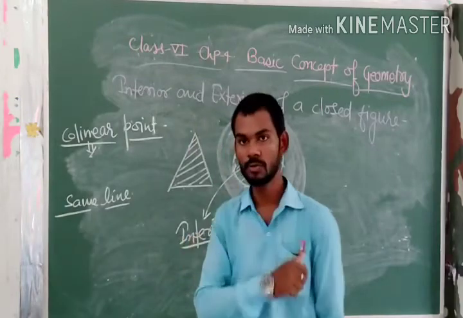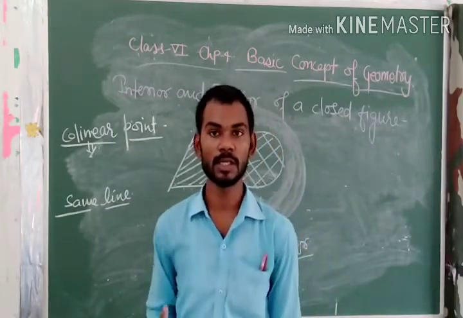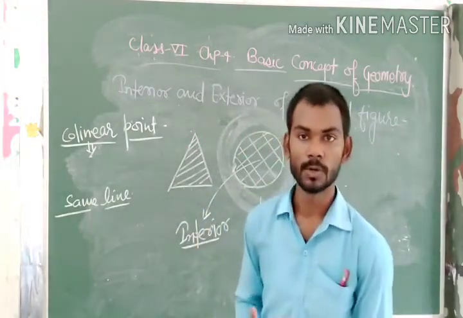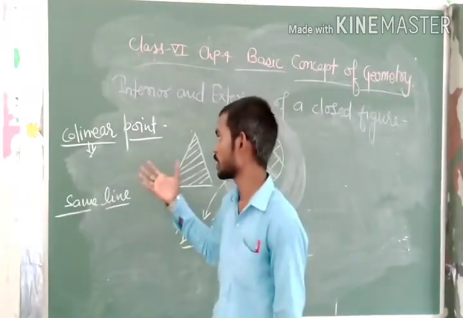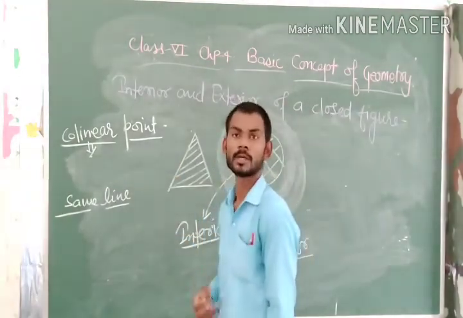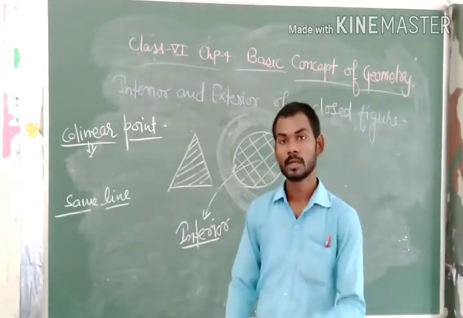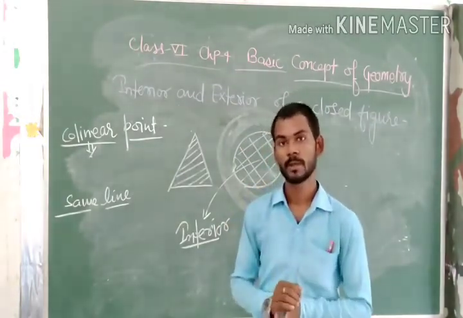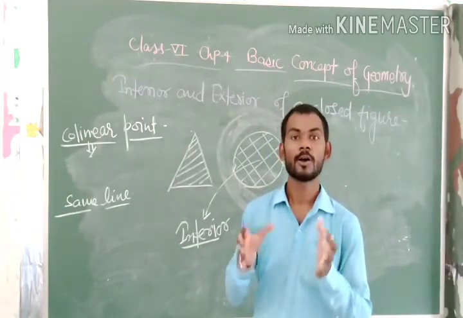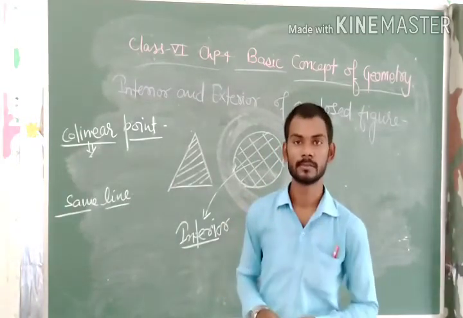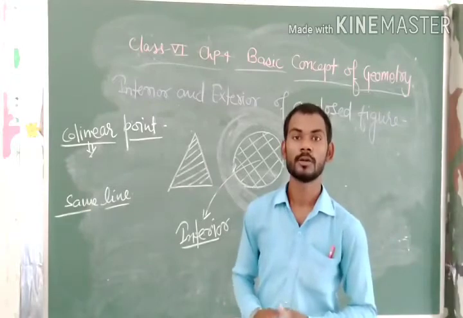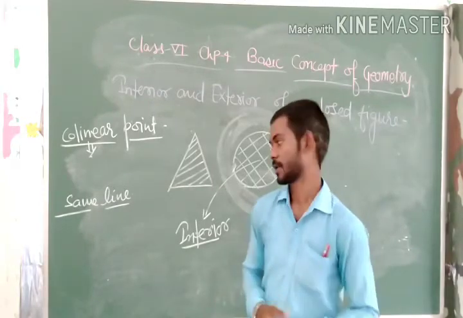A point, as you know, has position but no magnitude. Here we want to discuss collinear points. Collinear points are points that lie on the same line.